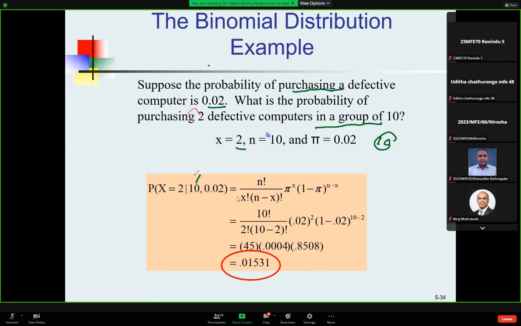Then n is 10, x is equal to 2, probability 0.02. Then the answer is this. Check whether you can get the same answer.